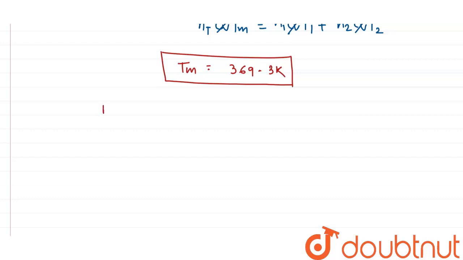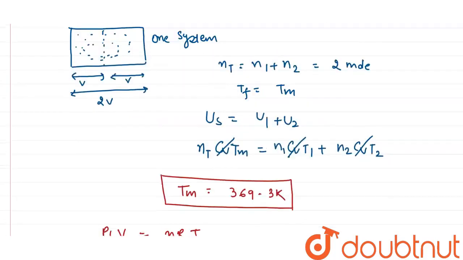From the ideal gas equation, P final V equals nRT. This is our ideal gas equation, PV equals nRT. Now we can write P final as Pm, the pressure of the mixture. The volume of the system becomes 3V. Why?